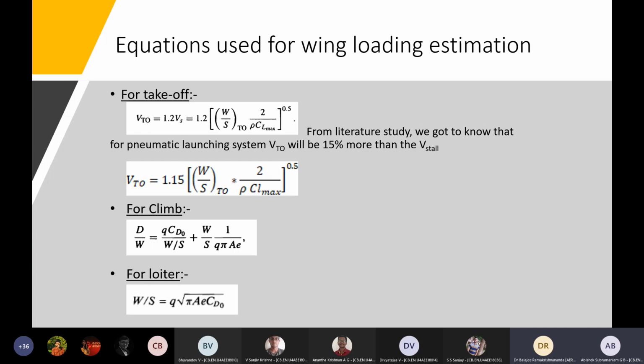One more catch is there. Your climb rate you are telling us 25 meters per second. Correct? Yes, sir. When you use that, don't use the takeoff velocity because that won't be a takeoff velocity. Takeoff velocity will be very low. So you will get gamma is 90 or something like that, very near 90.